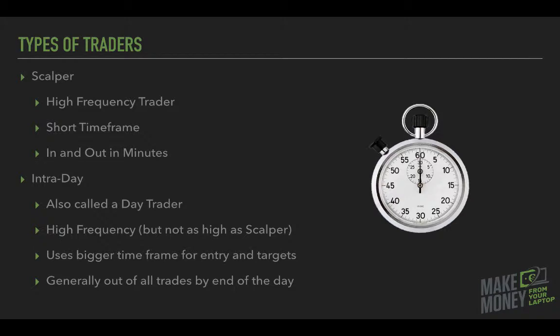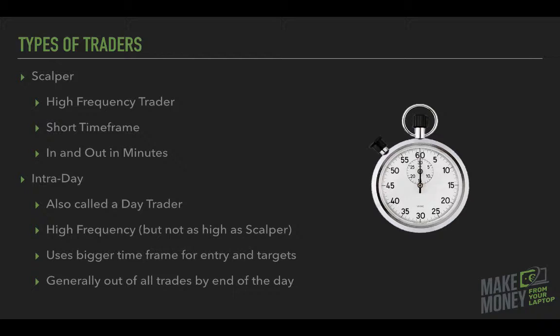Those are scalpers. Then you've got an intraday trader, which is kind of the next level up from a scalper. They're not really scalping, but they're still looking at these shorter term time frames, so that 1 minute, 5 minute, 15 minute, maybe even a 30-minute time frame as they're watching the marketplace and making their trading decisions.